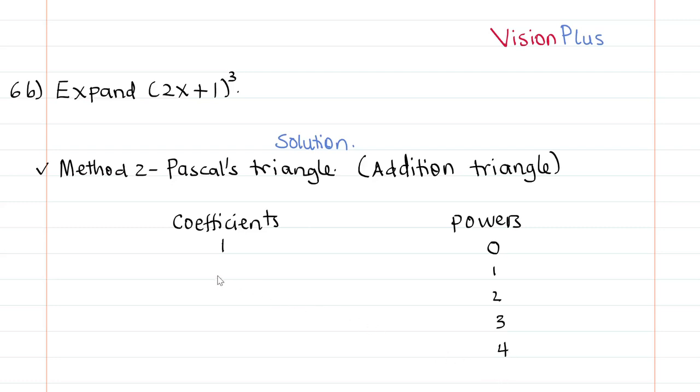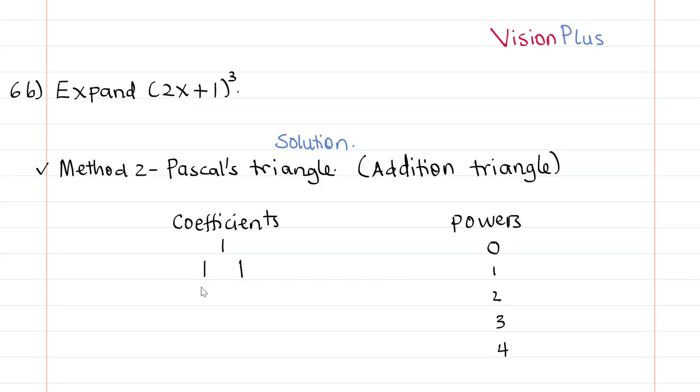So if the power is 1, now the coefficients, when we are employing Pascal's triangle, we say, after writing 1 here, for the power of 0, the next coefficients will be, just write 1 and 1 on the sides. Don't write anything directly under 1. So we write here and here.